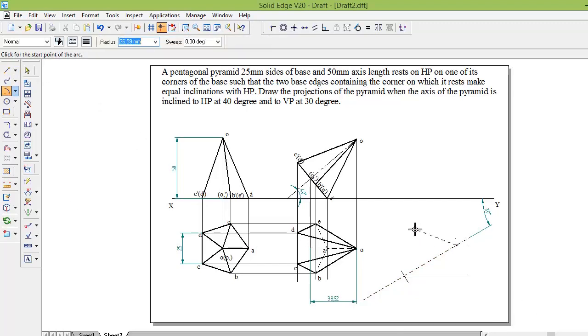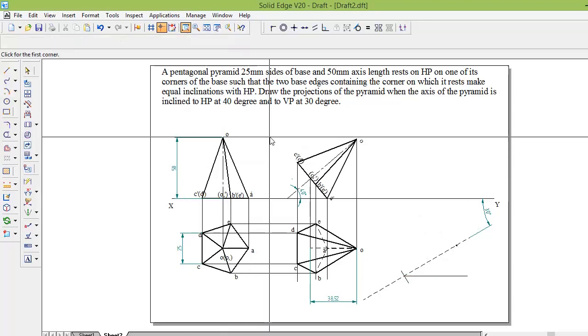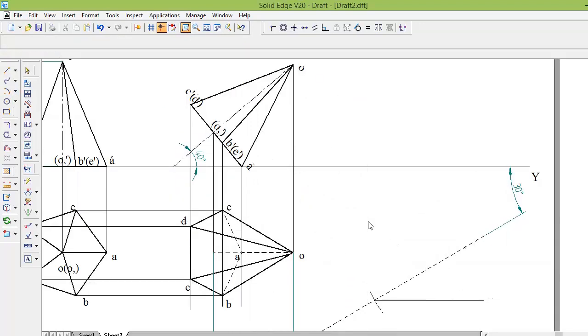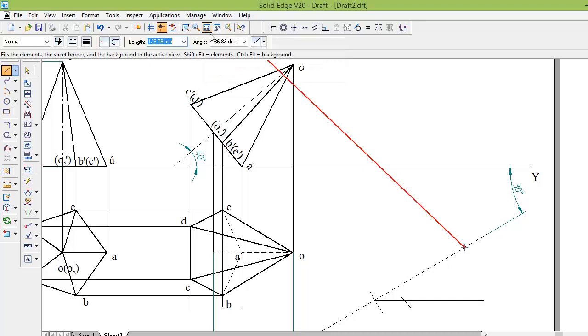So cut a radius of 38.52. Then go to line. See, from this point just join these lines. Again you have to take intersection of this line.